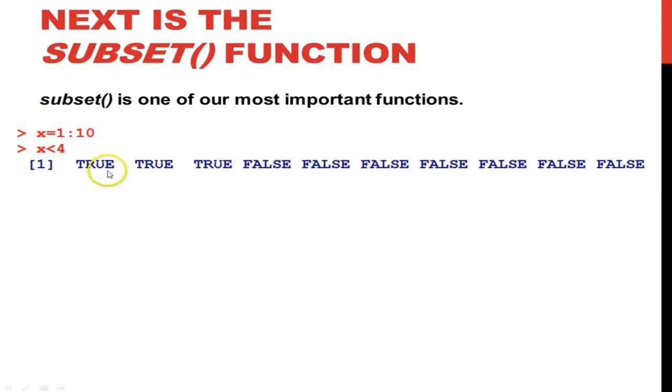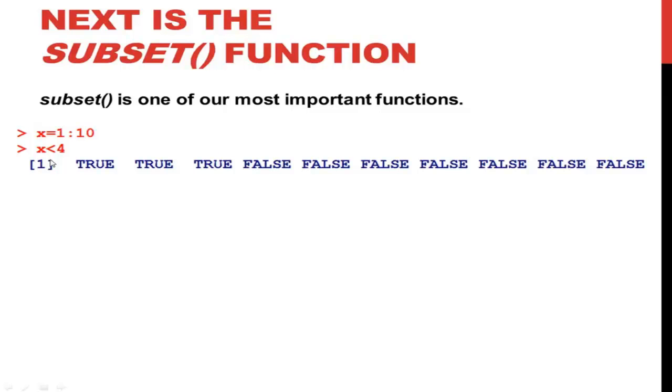So what does this first one say? Try this yourself, first of all. And try it with 9. X is less than 9. Let's see what you get. So what do you get when you do that? You get false, false, false, false, false, false, up to the last 2 are true, right?